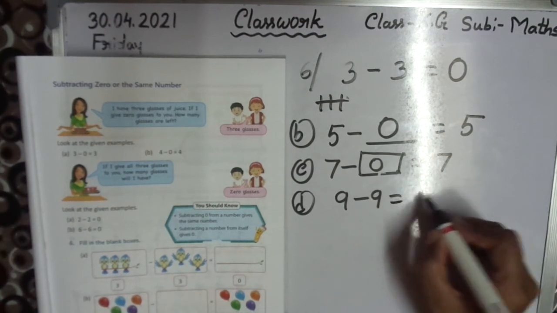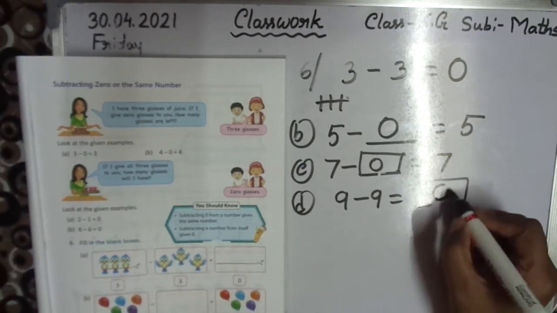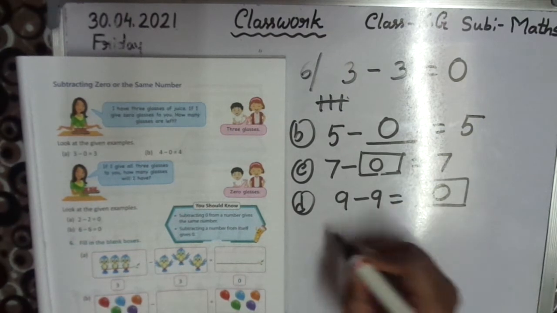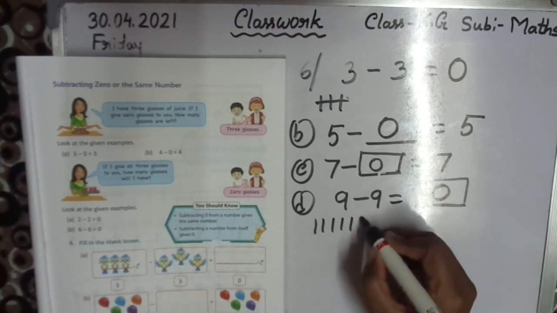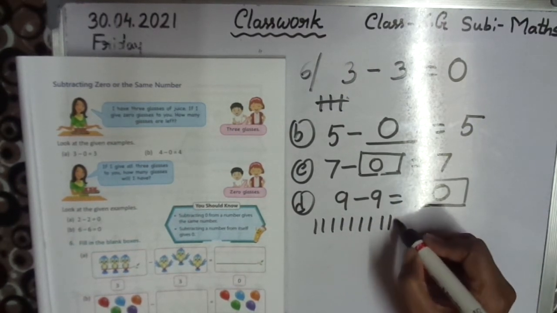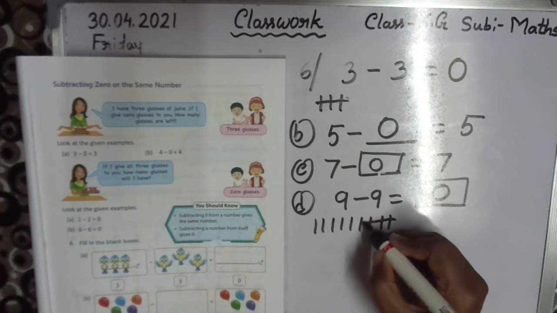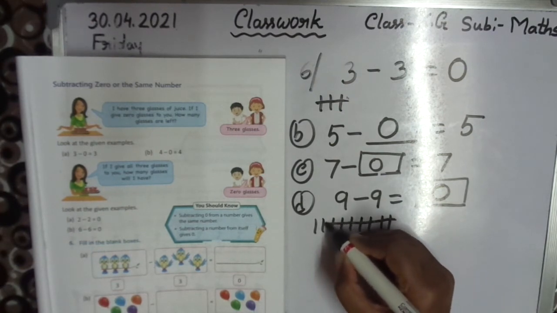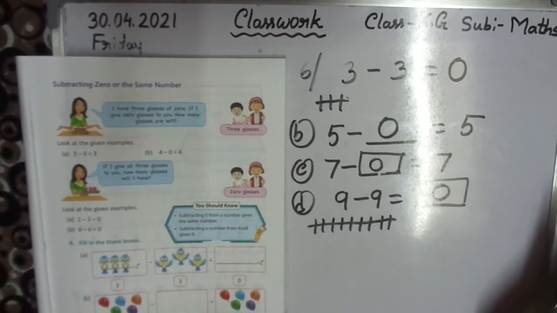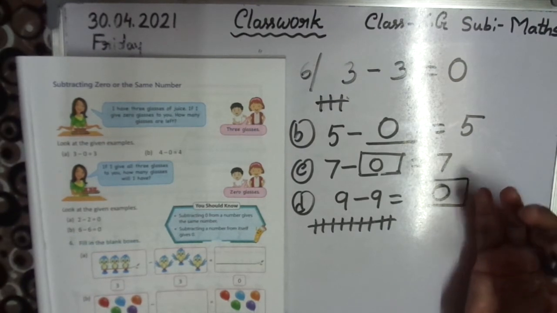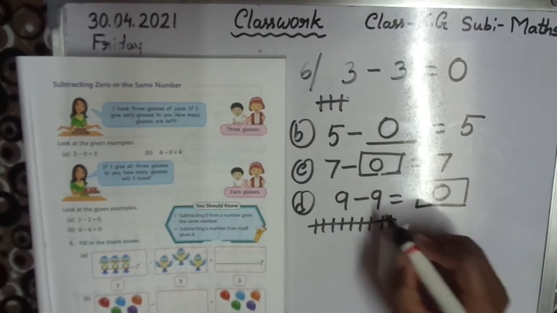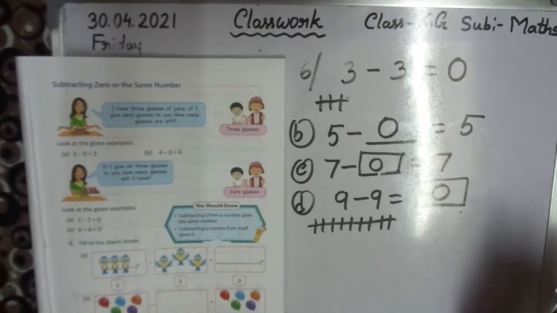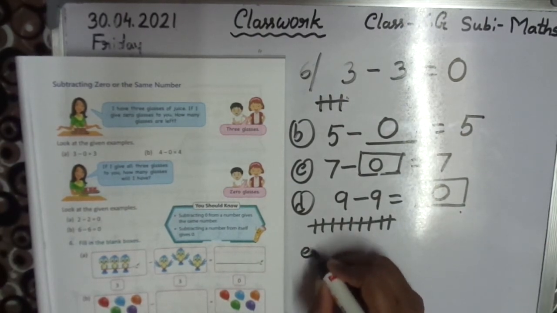So the answer is 0. Why? 1, 2, 3, 4, 5, 6, 7, 8, 9. So cut 1, 2, 3, 4, 5, 6, 7, 8, 9. So 0. Subtracting a number from itself gives 0. Okay. E, last one.